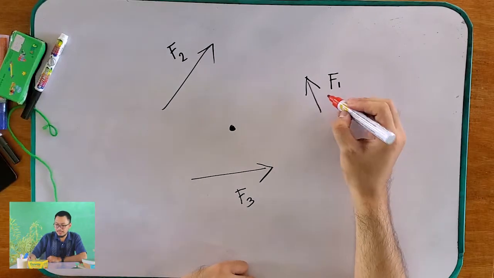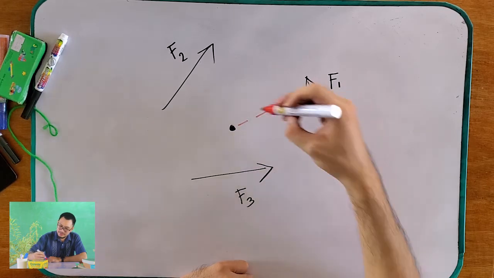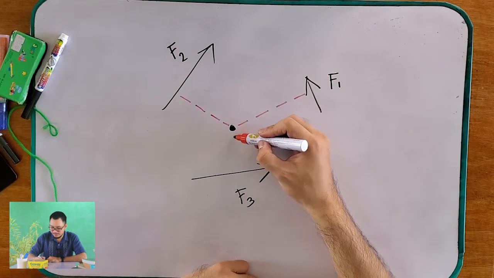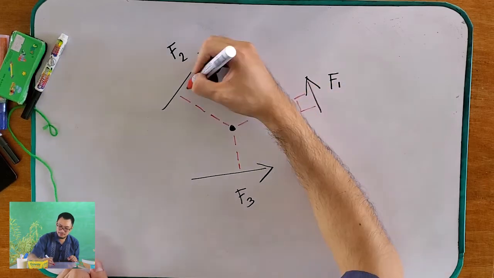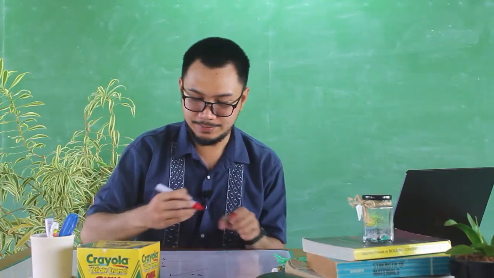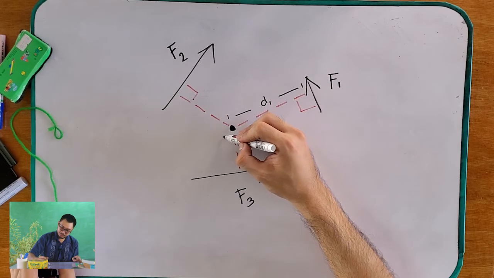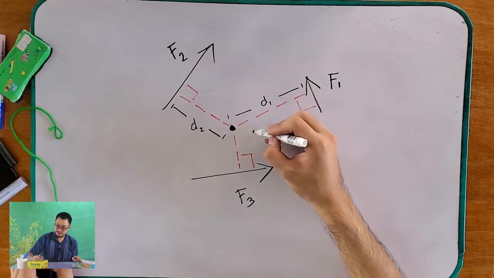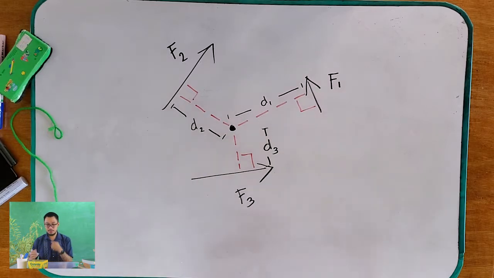Very easy. You find the moment of each one. So for F1 its moment, for F2 the perpendicular to it, and then for F3 as well. So this is your perpendicular, perpendicular, and perpendicular, and these are your D1, D2, and D3.